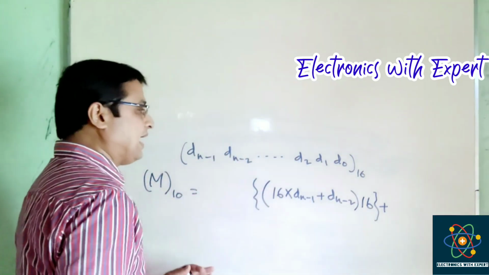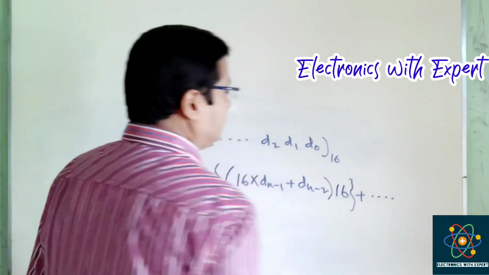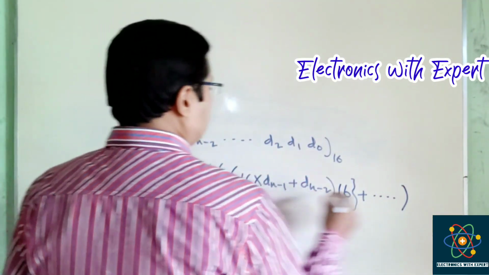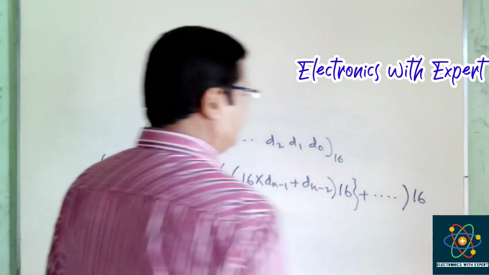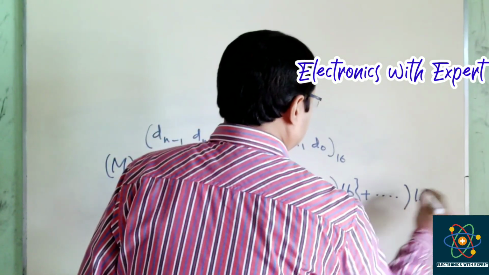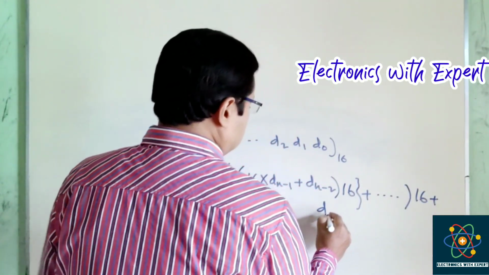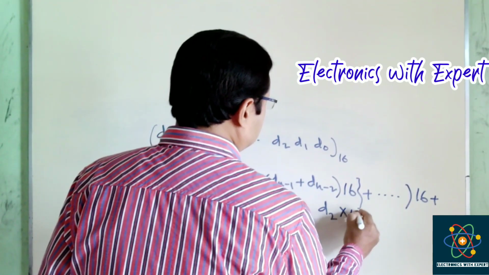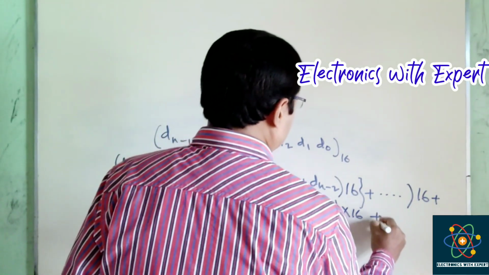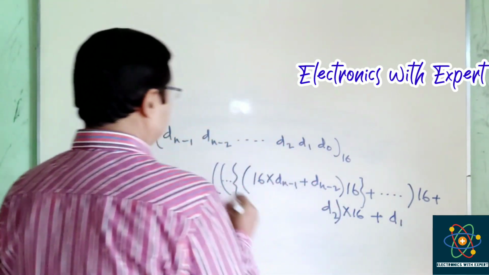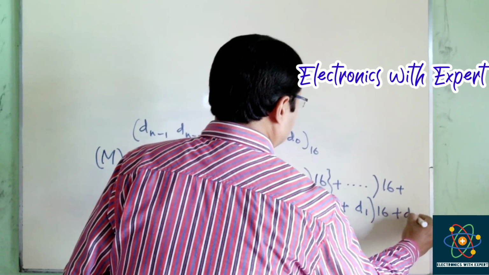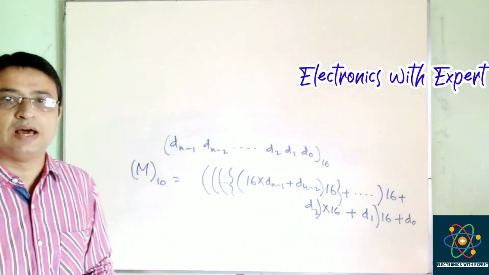After that, add the similar terms, multiply again by 16, and then it may be D2 into 16, then D1 into 16 and lastly put the D0 value intact.